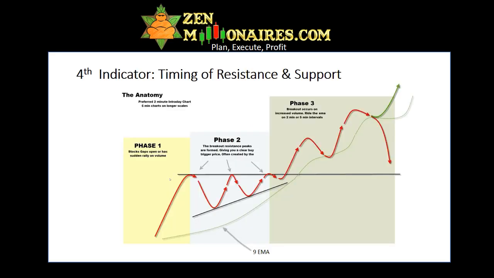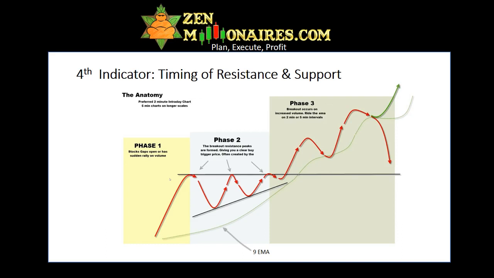The next one does a little bit, which is the timing of the resistance and the support. And if you see, I call it the anatomy. And it's because using what we did before, the three phases: on the first phase, the stock gaps open or has a sudden rally on volume and in price, but the 9 EMA is not as effective. We don't usually look at it on phase one.